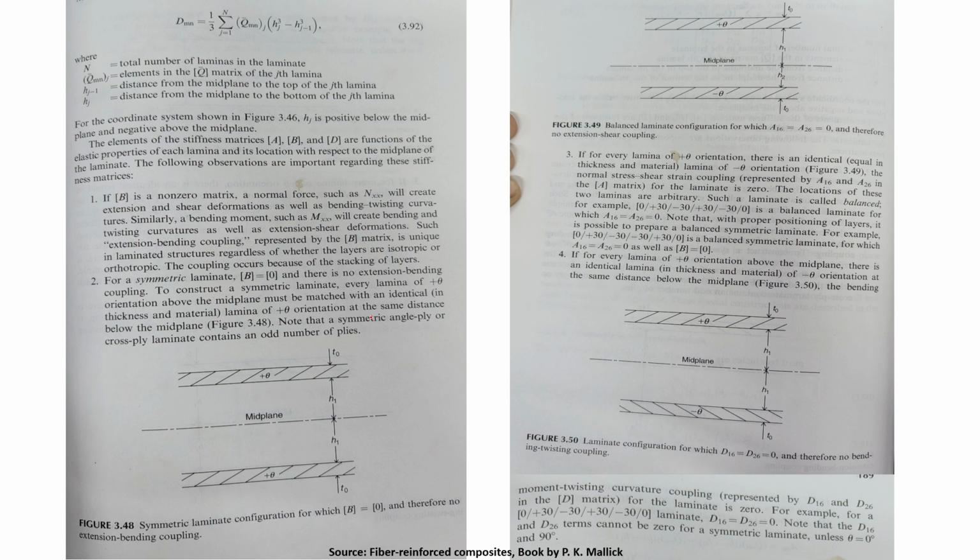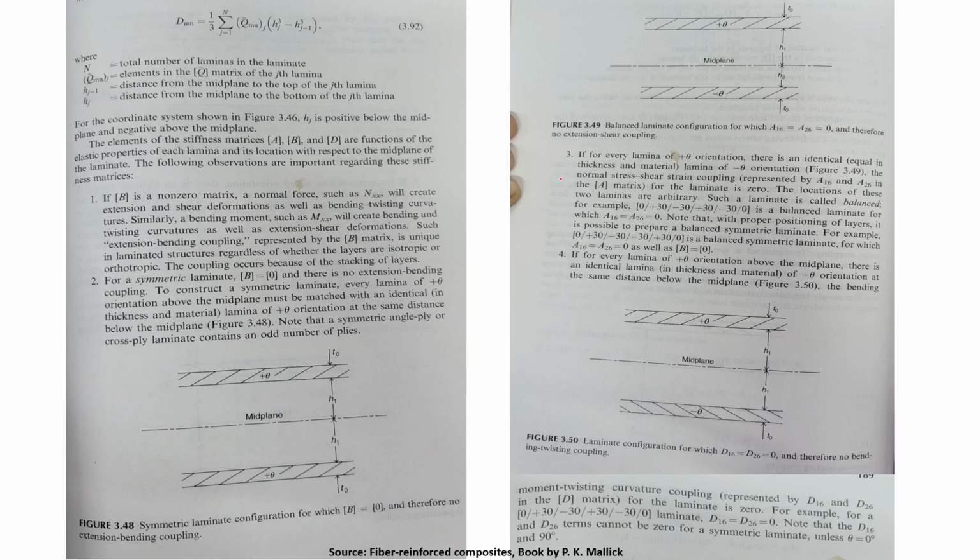At a given distance from the midplane there is a lamina with the angle plus theta, and at the same distance below the midplane there is another one with the same angle plus theta. At that time, you can say the whole laminate is a symmetric laminate, and for a symmetric laminate, the B matrix will be equal to 0.